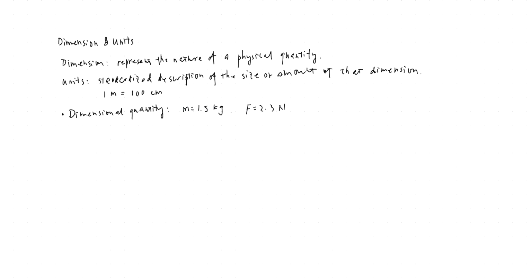If you want to take the dimension of a physical quantity, you usually use the notation of square brackets, which means take the dimension. For example, the dimension of mass, represented by the physical symbol for mass, is capital M.